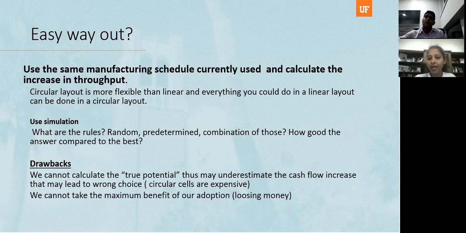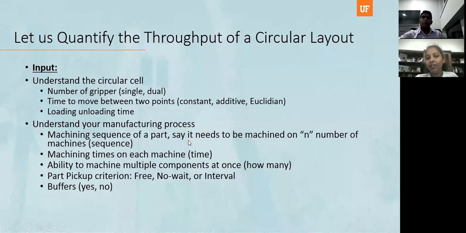So because of that, you have to take a closer look at the structure of this cell and understand it and develop some set of rules. How am I going to perform the sequencing of the robo arm movements to get the true potential of this investment?